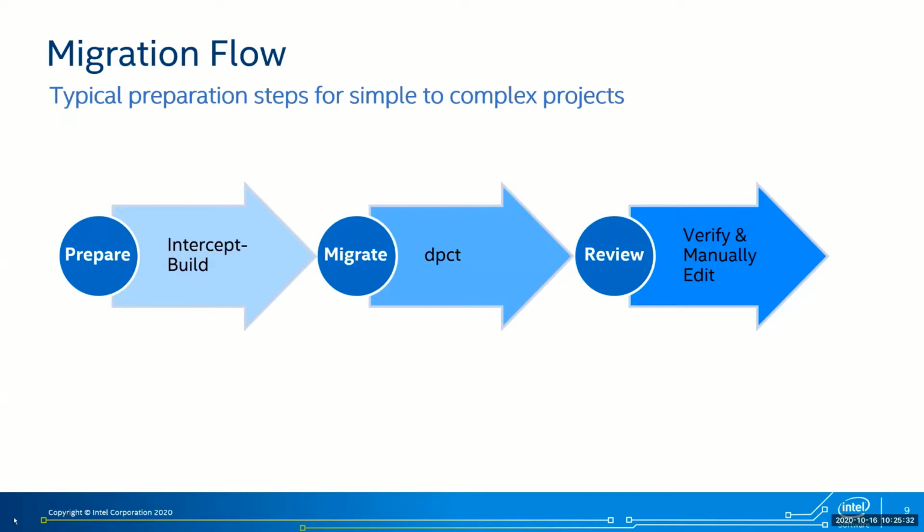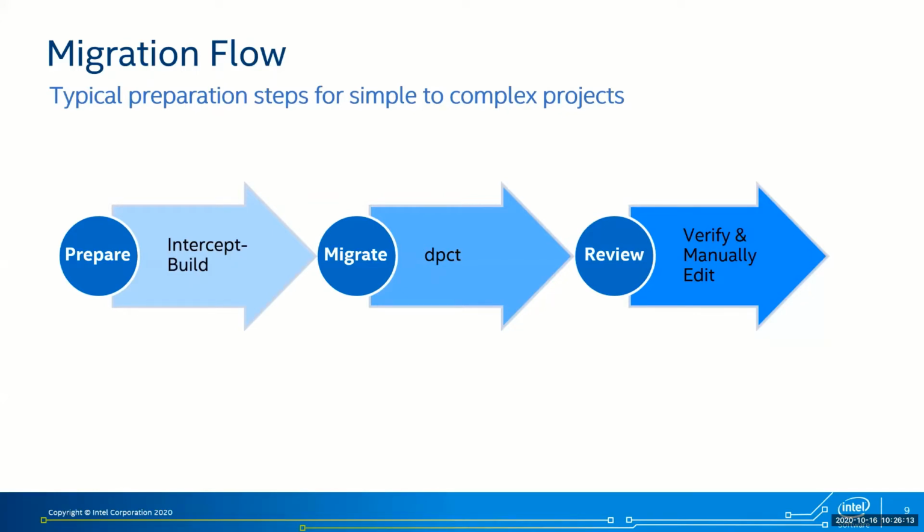This compilation database is then used in the migration phase, when we actually run the migration utility or tool, DPCT. DPCT runs and creates the data parallel C++ files and stores them in an output directory, with the DPC++ sources and also additional messages and warnings, which can assist developers to complete the sources for functionality and correctness.